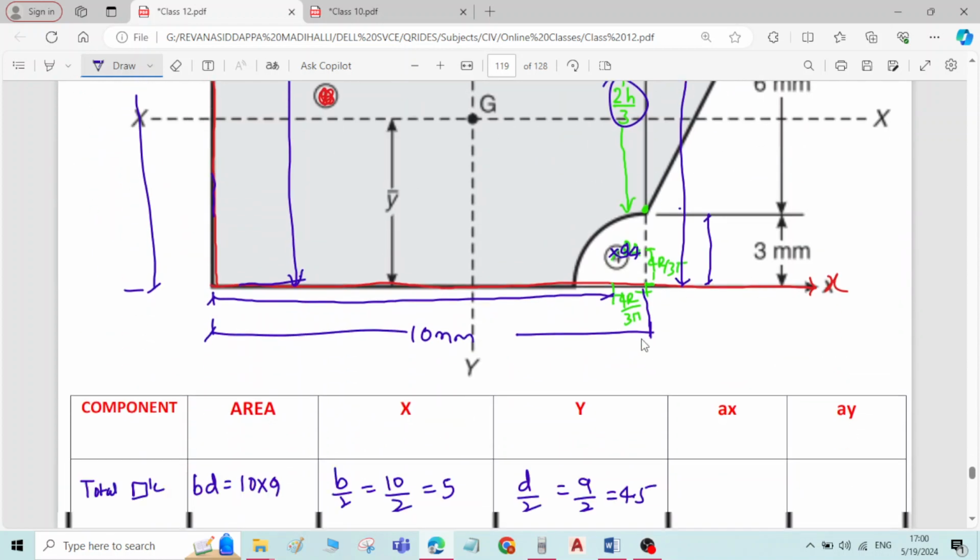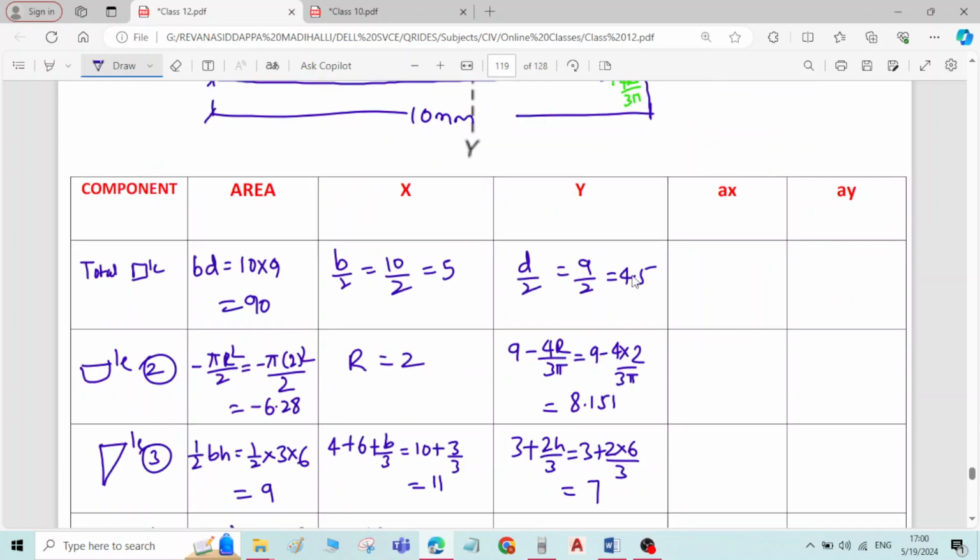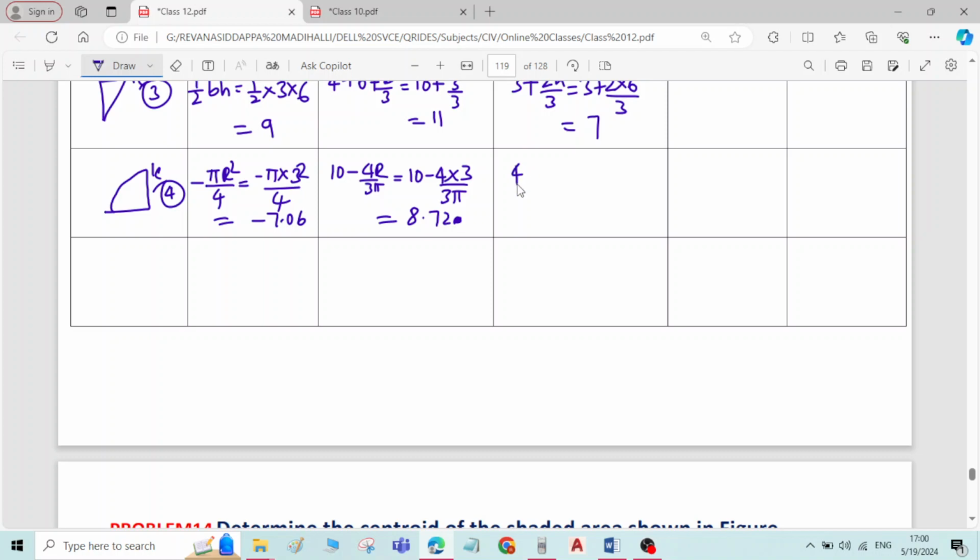And coming to the y value for quadrant of the circle, means distance of G4 from reference x axis, directly it is 4r by 3 pi. 4 into radius 3 by 3 pi. The answer is 1.273.